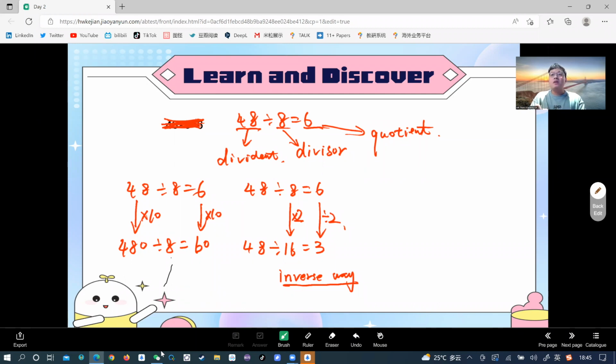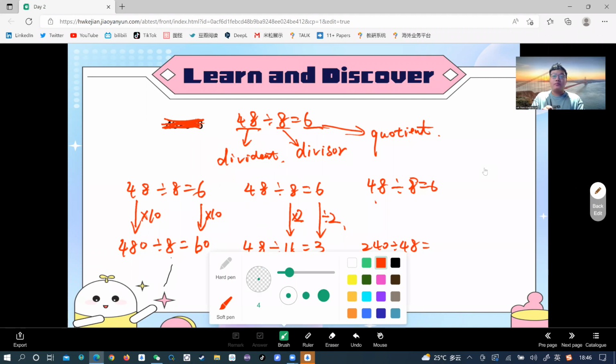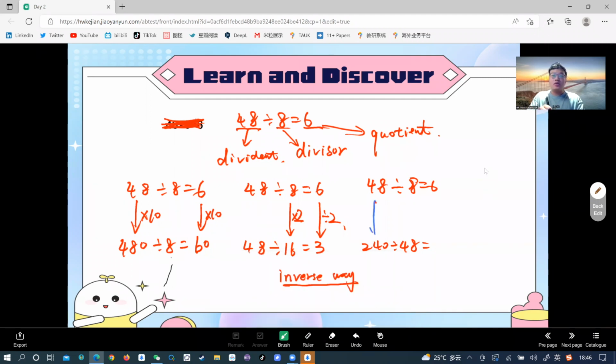All right. So let's do one more example here. 48 divided by 8 equals 6, right? And this time, I'm going to do 240 divided by 48. So how can I get from 48 to 240? I times by 5, right?